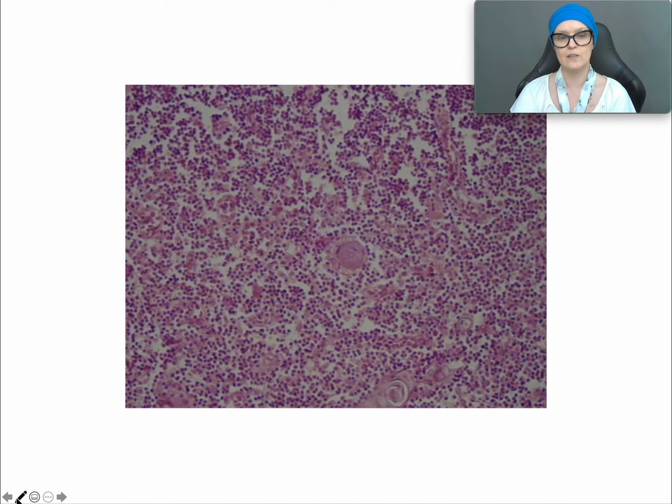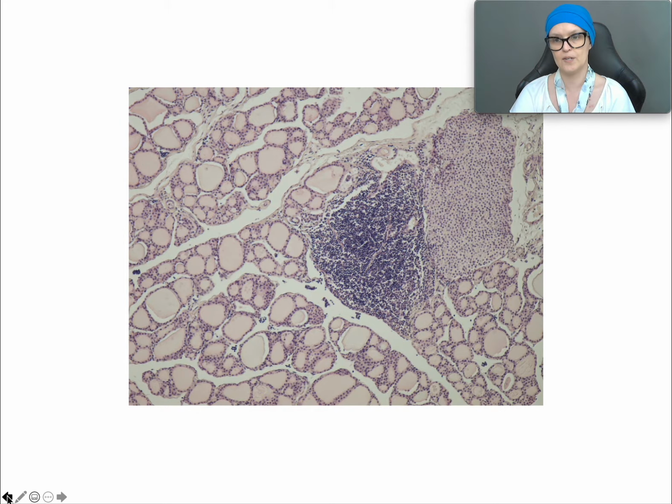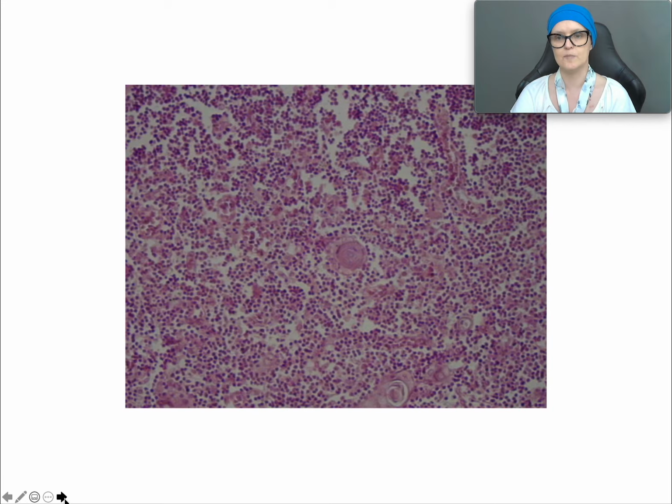Okay, this looks similar to the parathyroid gland, but it's completely different. Name this organ. It's the thymus.